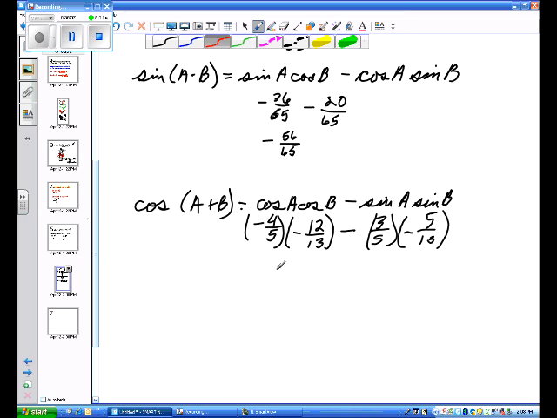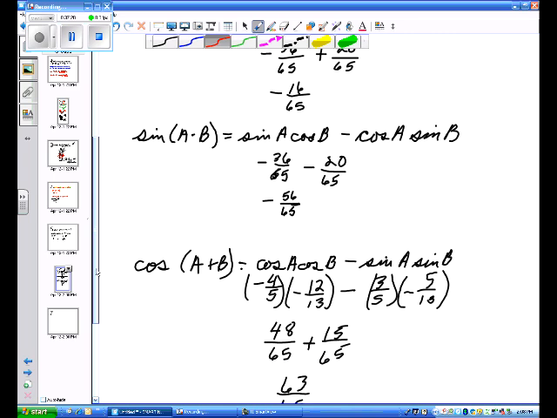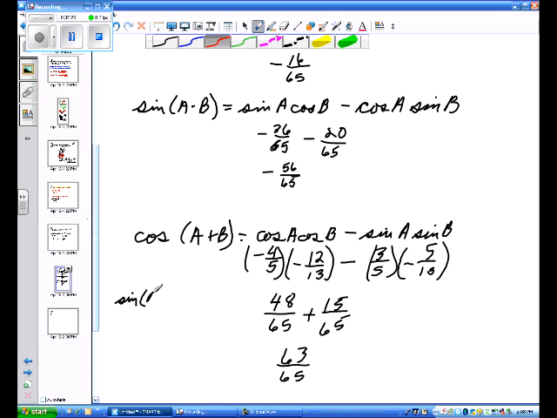So we end up with 48/65. We have a negative times a negative, so that's a positive 15/65, which gives us a total of 63/65. Now what we notice up here is that the sine of a plus b was negative, negative 16/65.